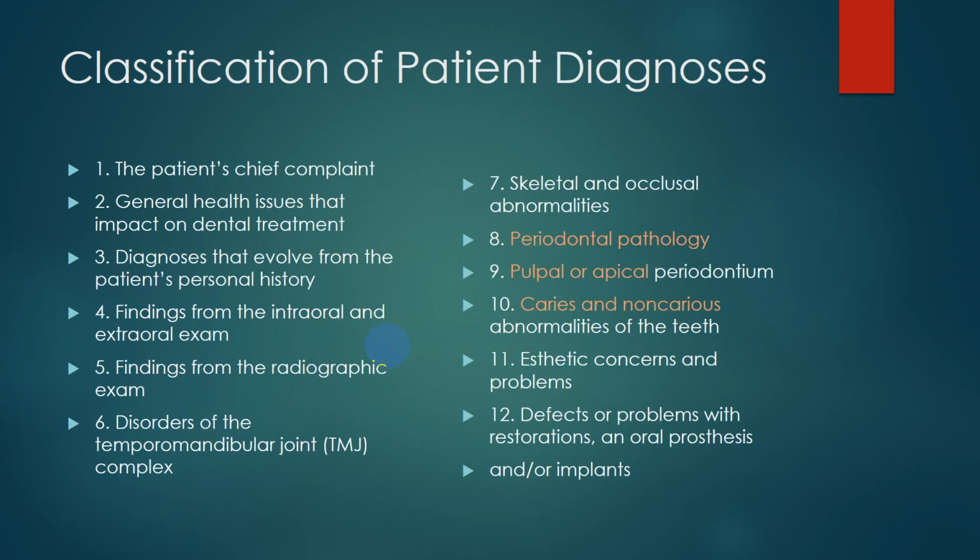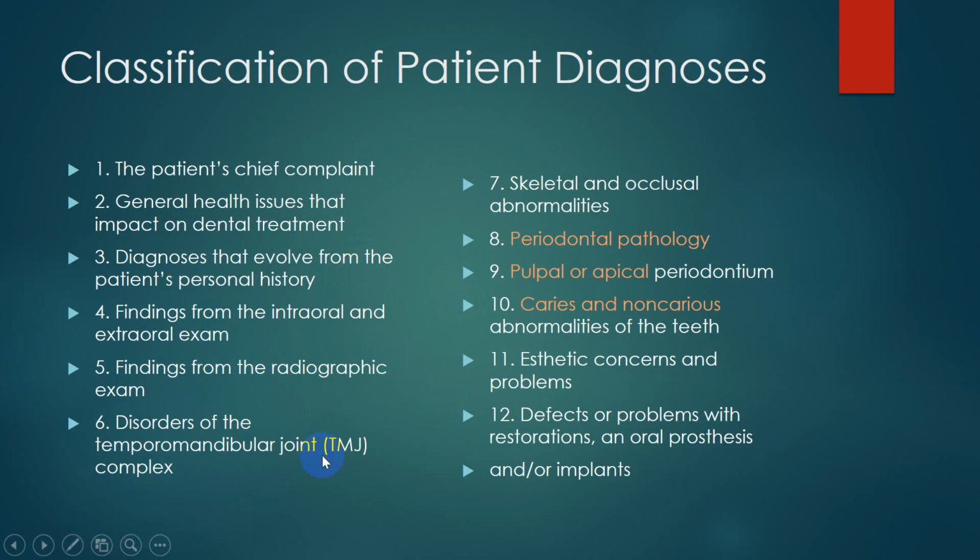Now, these guidelines are taken from the textbook reference that I included in the first or second slide of this lecture. Here you have 12 guidelines or sequence or classification of patient diagnoses. You can classify them under these categories.